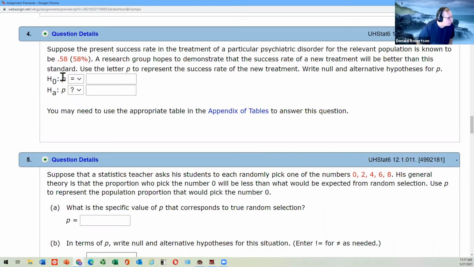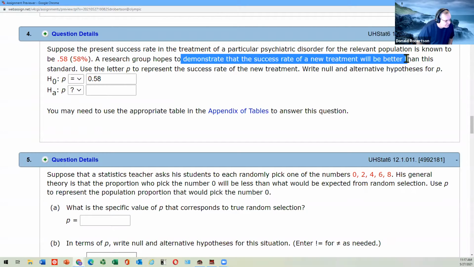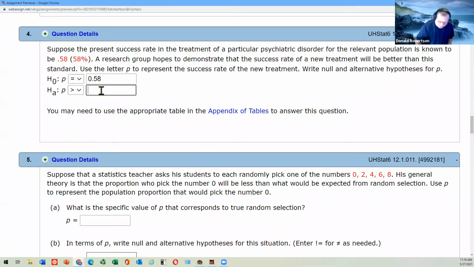H naught is always P equals something. And in this case, it's going to be 0.58. And they are looking to demonstrate, to prove that it's better. So in this case, better means bigger, right? More successful than 0.58. Now that makes sense. So that would be like the first step in a hypothesis test, right? To put an H naught and an HA and put numbers to them.